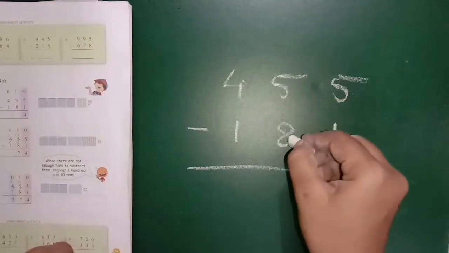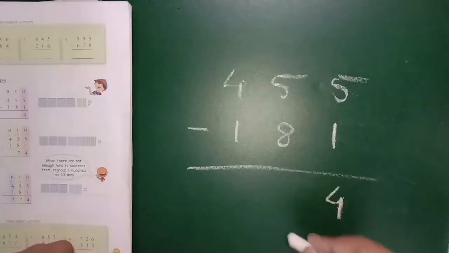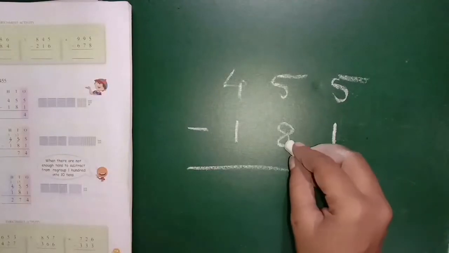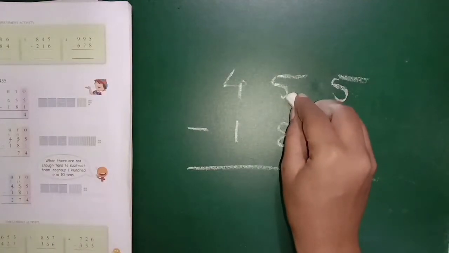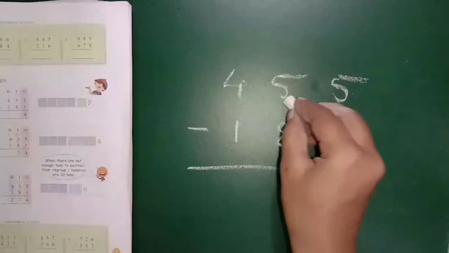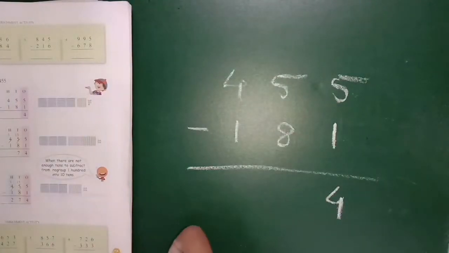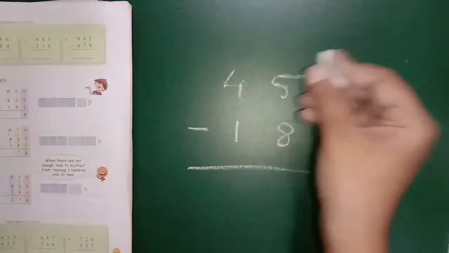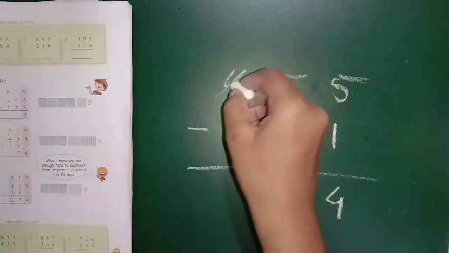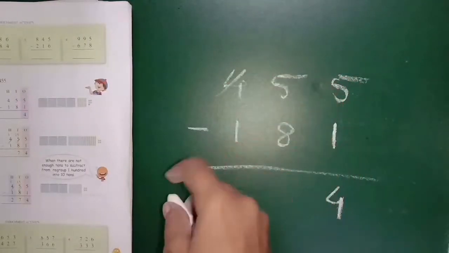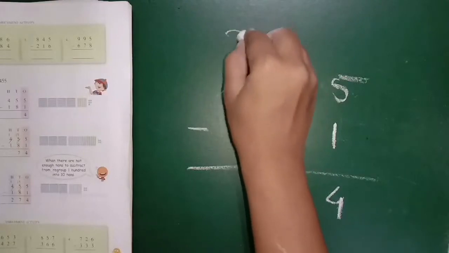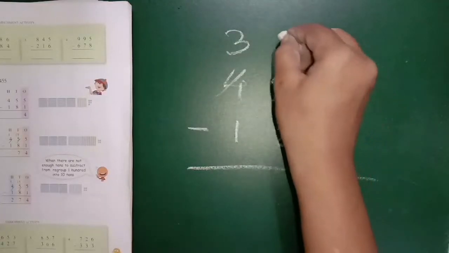Now 5 minus 8. Students, we cannot subtract 8 from 5. Why? 8 is bigger than 5. So we will borrow 100 from hundreds place. So 4 will become 3 and 5 will become 15.